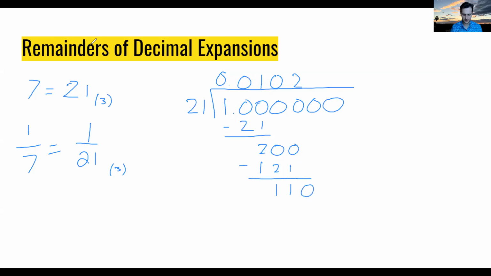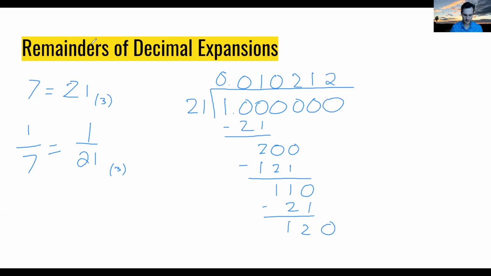Bring down the 0. So now we've got a 9 plus a 3, so that's 12. 7 goes in once. 12 minus 7 is 5, so that's this. And now we've got 9 plus 6, 15.